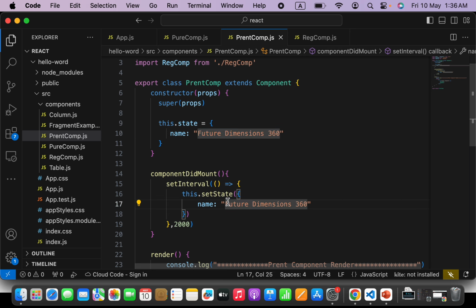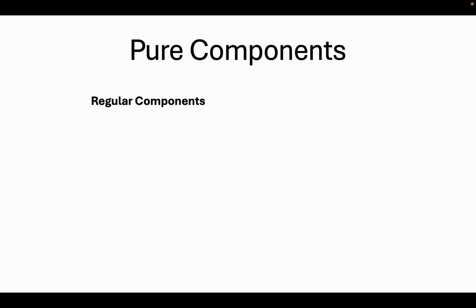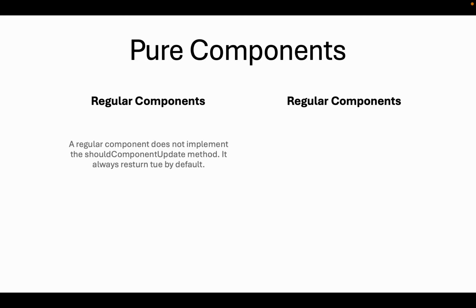So what happened here is that a pure component extends a specific function that we will go and see here. Now the difference between a regular component and a pure component is that a regular component does not implement shouldComponentUpdate, which we learned in our lifecycle, and it always returns true by default, and your lifecycle is always running, re-rendering and re-rendering.